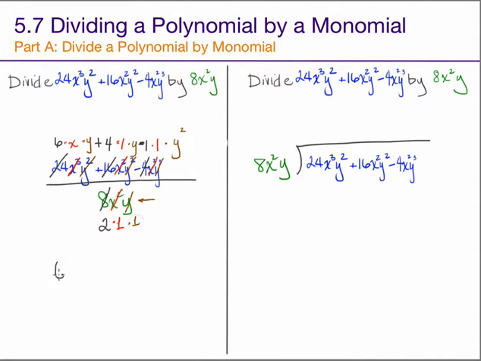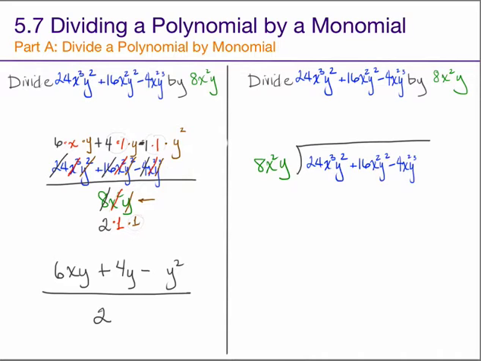Cleaning things up a little bit, I get 6xy plus, now can you see why I rewrote that? 4 times 1 is 4, and 4 times y is 4y, minus 1 times 1 is 1, and 1 times y squared is 1y squared, or if you prefer, just y squared. This is all over 2 times 1 times 1, which is 2.